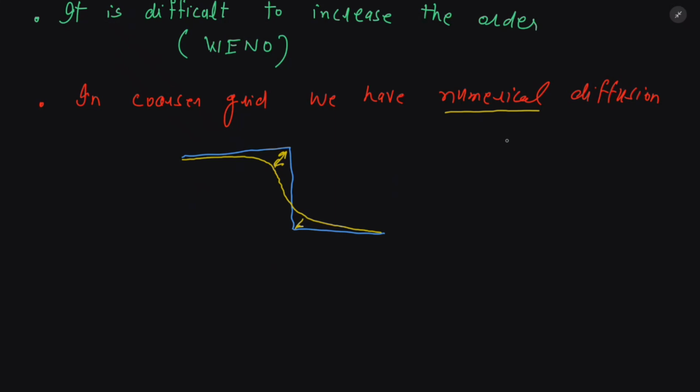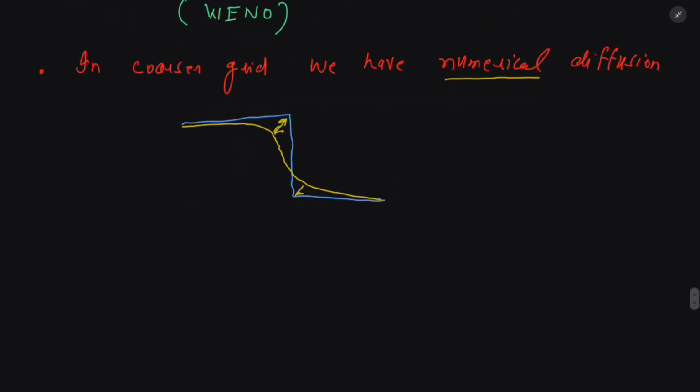And also, if we have, for example, convection dominated problems, convection dominated flow, then it can introduce diffusion in those flows as well.